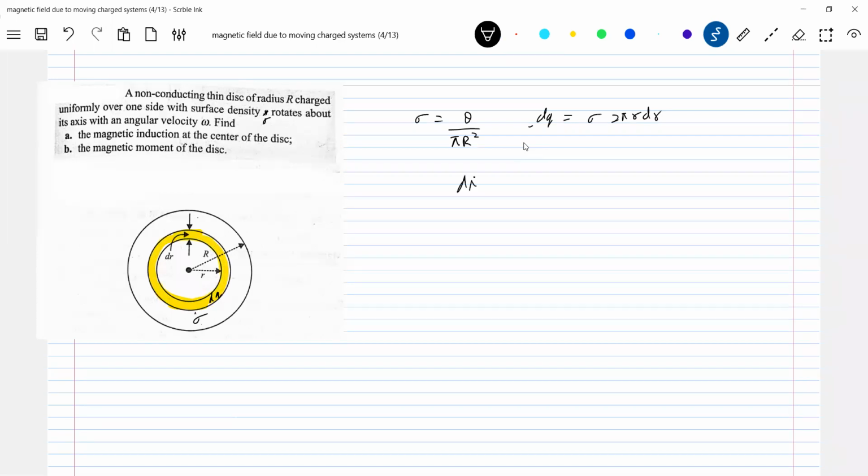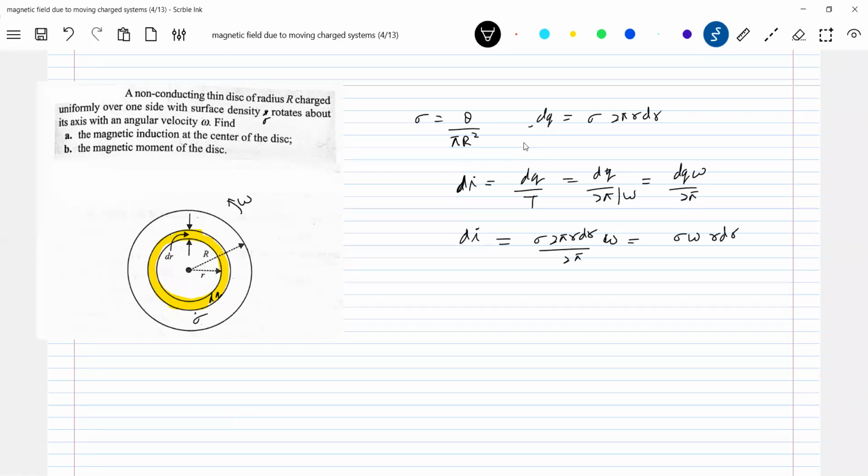And what is the current flowing in that elemental circular strip? di is equal to dq by t. Let omega be the angular velocity. So dq by 2 pi by omega, which is sigma 2 pi r dr into omega by 2 pi, so sigma omega r dr. This is di.